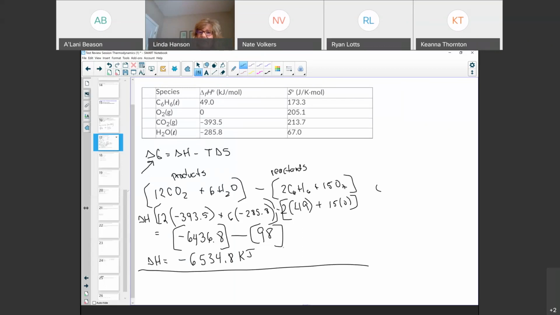Friends, we need to do the same process for delta S, products minus reactants, where we take the sum of each of those separate ingredients, just like we did for H. So here we have 12 units of carbon dioxide written first. That's 213.7.